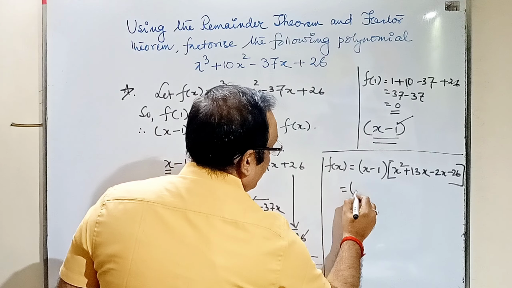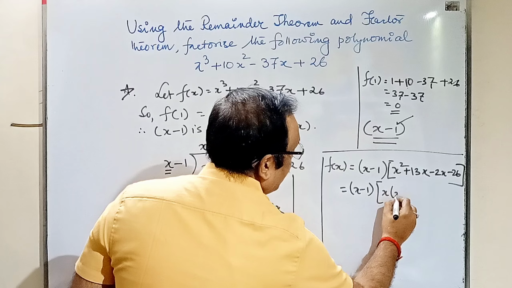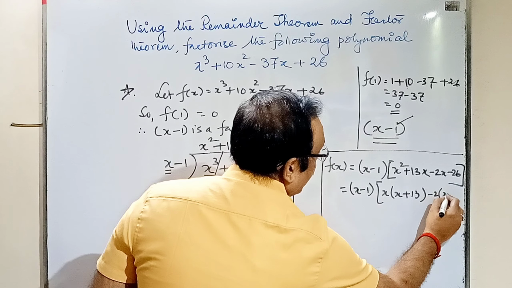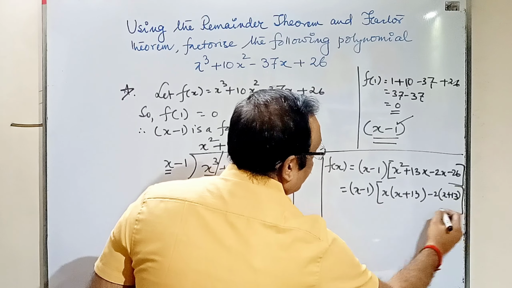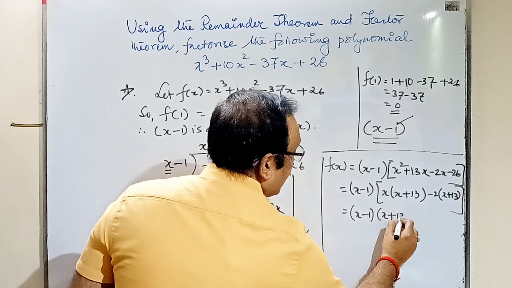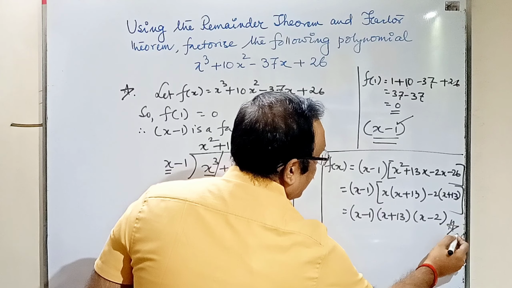So this equals x minus 1. From the first two terms I take x common, I am left with x plus 13, and from the last two I take minus 2 common, x plus 13. So this is x minus 1 into x plus 13 into x minus 2. That's my answer.